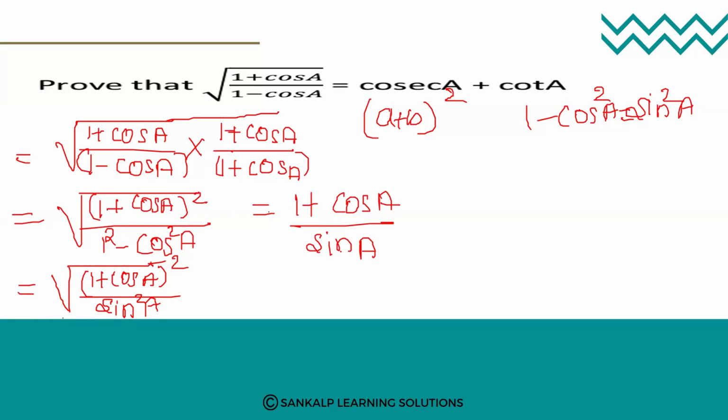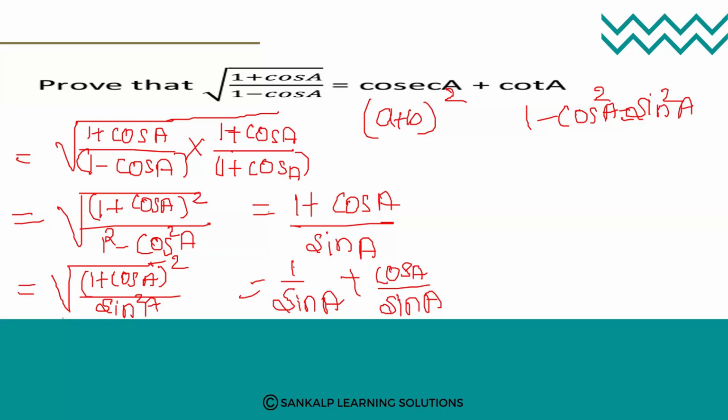1 plus cos A divided by sin A, I will write it as 1 divided by sin A plus cos A divided by sin A. Why? Because sin A belongs to both the terms.